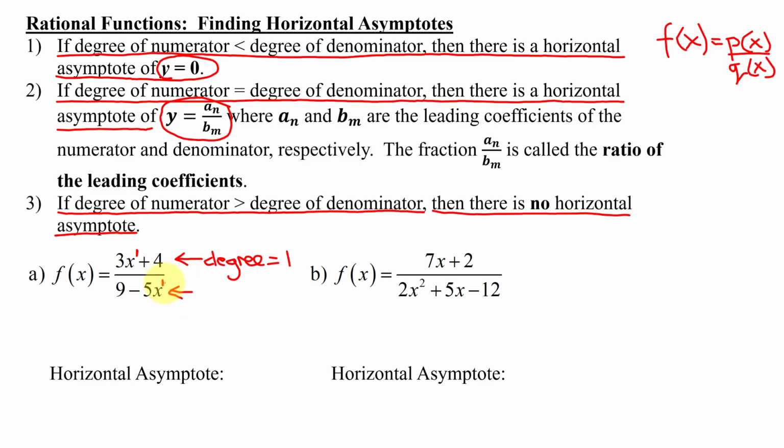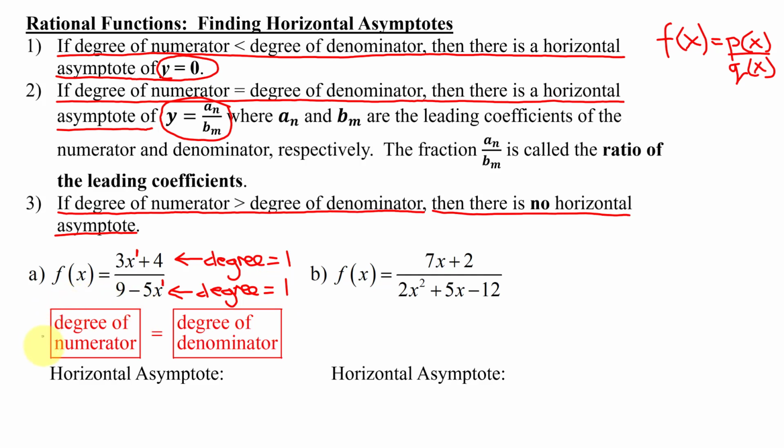The highest exponent again is a 1. So its degree equals 1. So in this case, the degree of the numerator equals the degree of the denominator. So it's the second case. So there is a horizontal asymptote, and the equation is y equals the ratio of the leading coefficients.